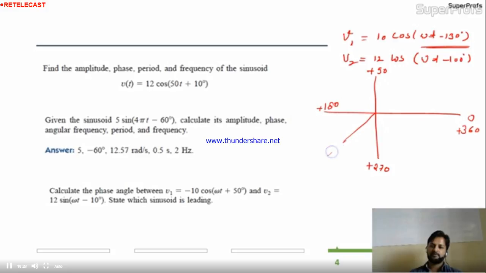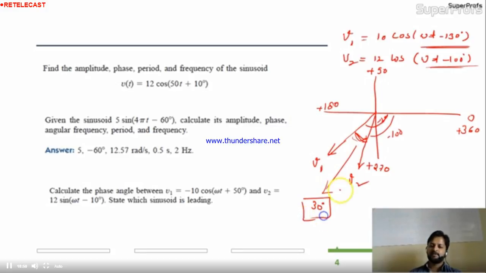So V1 is at minus 130 degree. What about V2? Minus 100, so V2 will be here somewhere. What is the difference? They're asking for the phase difference. Phase difference is nothing but 30 degree. I hope this is clear to you.